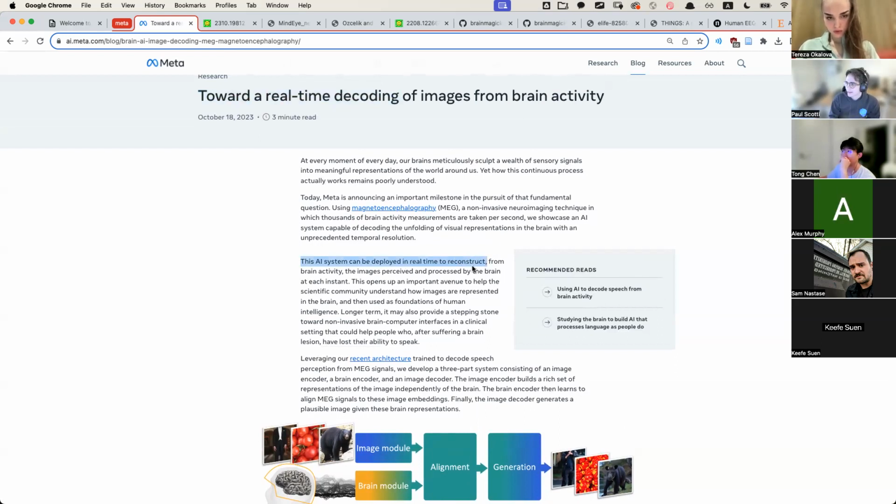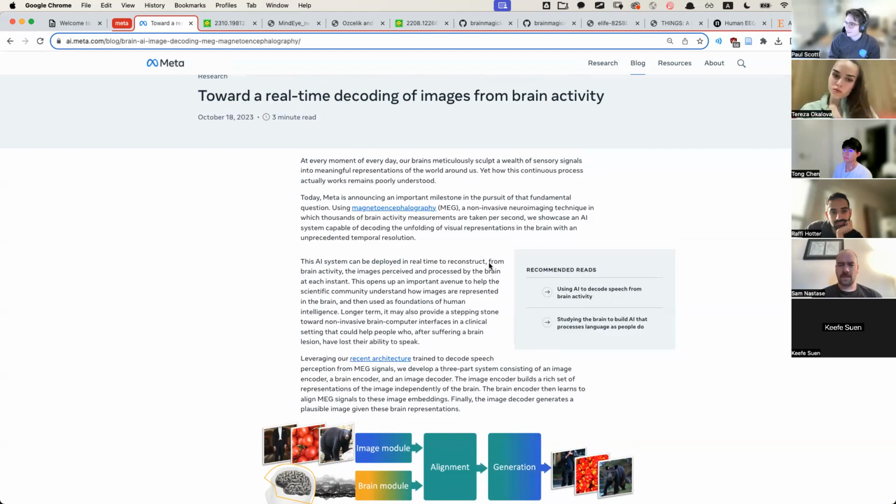When I was looking into people's reactions to this paper, they thought that Meta was able to already do real time, and that's definitely not what they've done. They're basically showing that it can work offline with MEG, and that in theory, you could deploy this later on to real time. I think that's an important distinction.